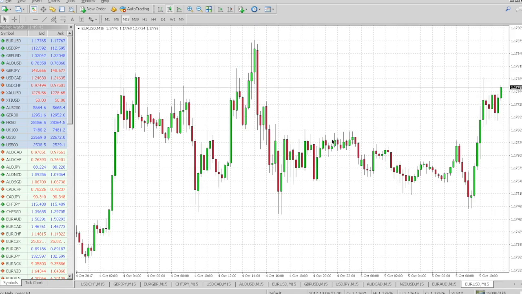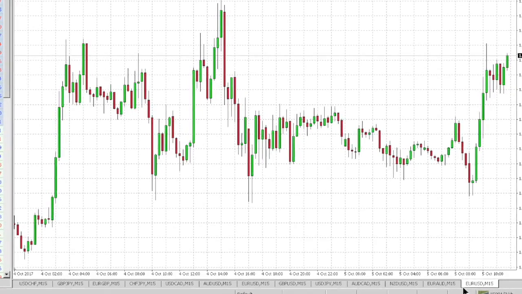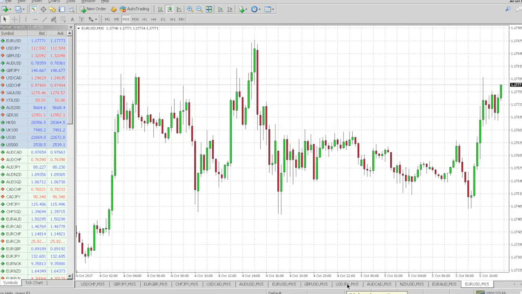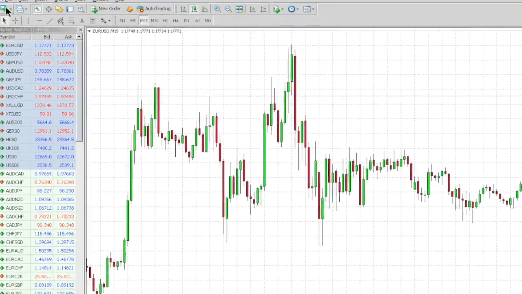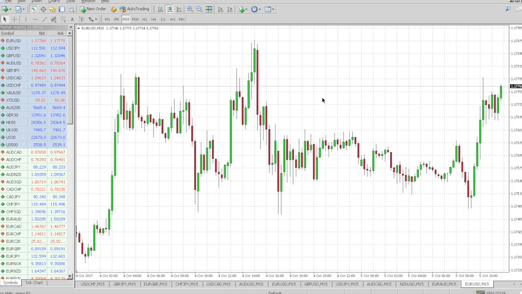Okay? Now, so what I do is I will create tabs for all the different currency pairs, right? So you've got Euro USD, Euro Aussie, New Zealand dollar, Aussie CAD, dollar yen, right? I create all the tabs. So all you got to do is go to File. Oh, sorry, before that. Now, once we have created this chart with the colors, right?